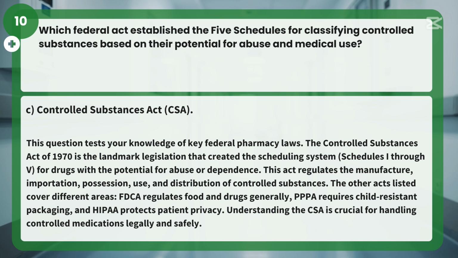This act regulates the manufacture, importation, possession, use, and distribution of controlled substances. The other acts listed cover different areas. FDCA regulates food and drugs generally, PPPA requires child-resistant packaging, and HIPAA protects patient privacy. Understanding the CSA is crucial for handling controlled medications legally and safely.